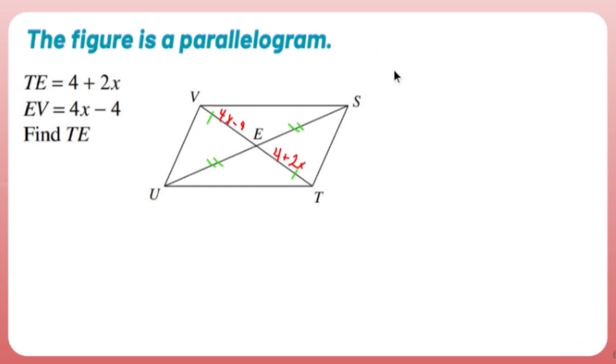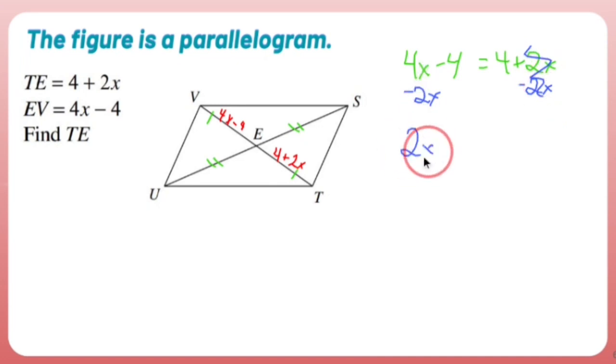So the way I set this up is 4x minus 4, because EV is congruent to TE, equals 4 plus 2x. So I have a variable on both sides of the equal sign. So what I'll do is subtract 2x from both sides. 4x minus 2x is 2x.